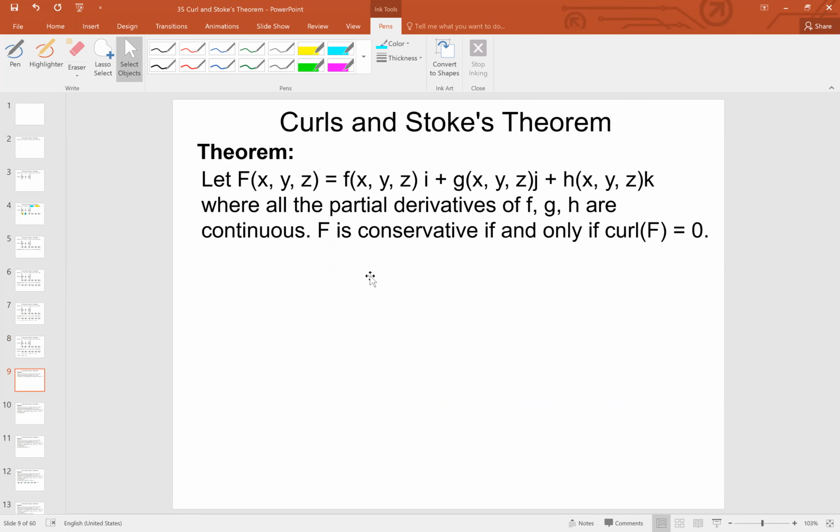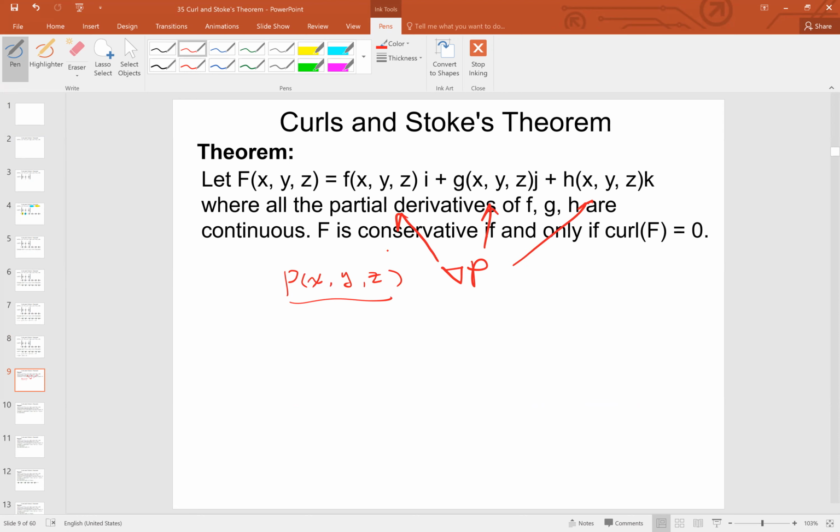For us, the first big thing is the association with conservative fields. Remember what we mean by a conservative field? A three-dimensional field is conservative if there is a function p(x, y, z) where del p is precisely this.